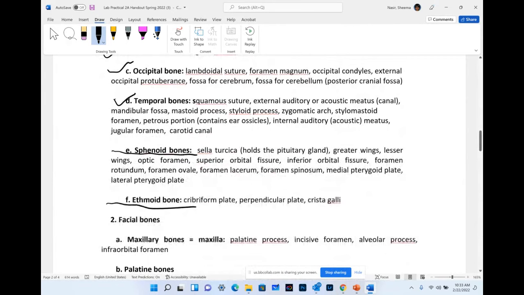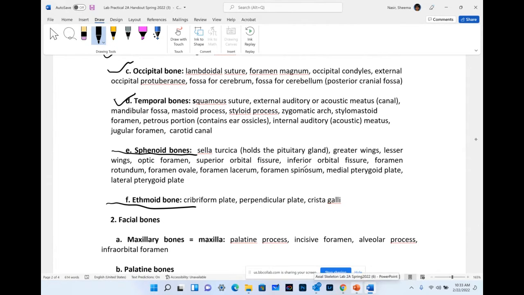In sphenoid, we are going to do sella turcica, greater wings of sphenoid, lesser wing, optic foramen, superior orbital fissure, inferior orbital fissure, foramen rotundum, ovale, lacerum, spinosum, medial and lateral pterygoid. So it has quite a few things in there.